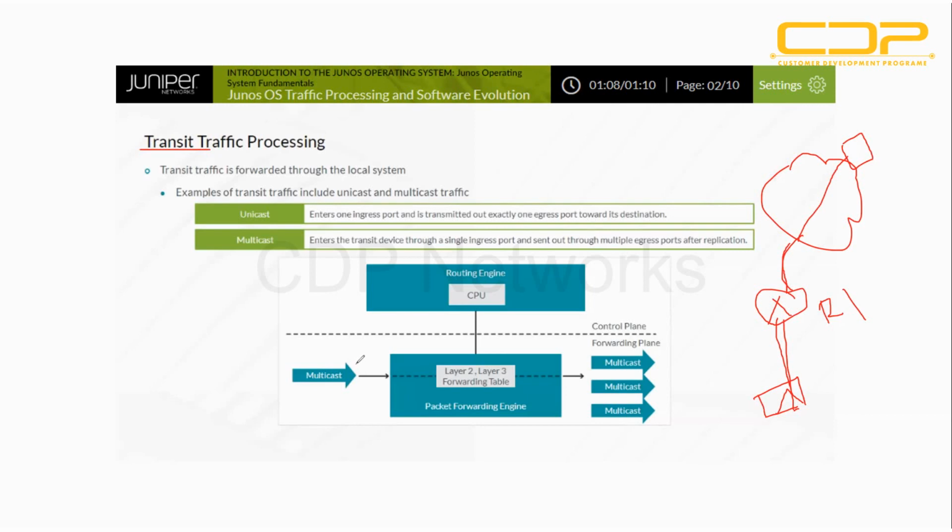For transit traffic, it may be unicast, it may be multicast. This traffic is not interfering with the routing engine. Transit traffic just checks the forwarding table and forwards this packet to the outgoing interface towards the destination.